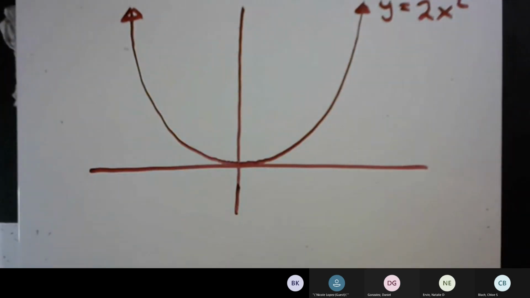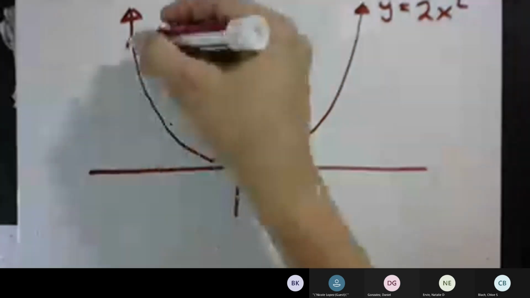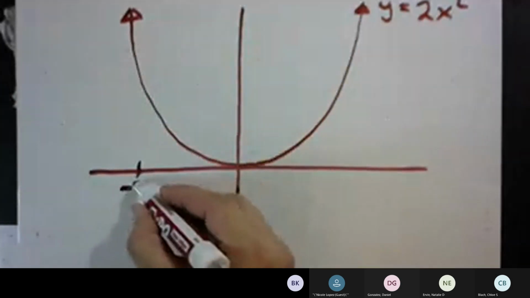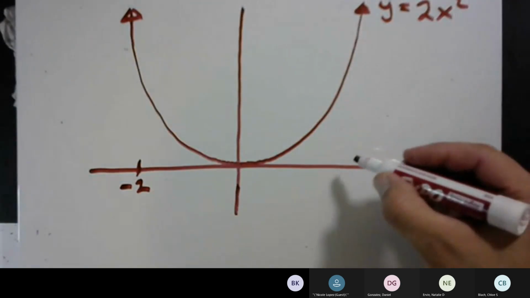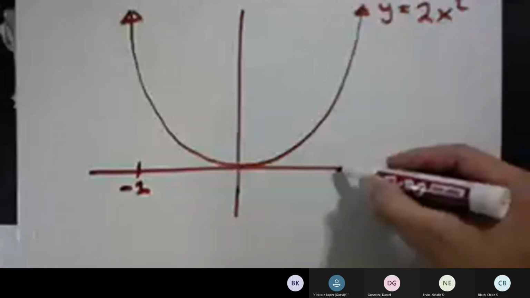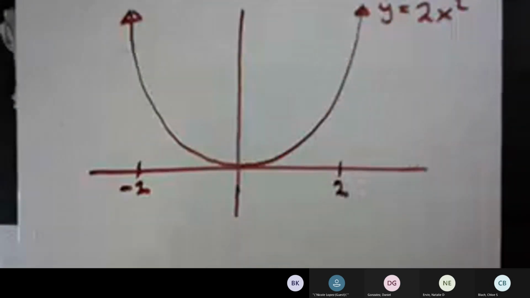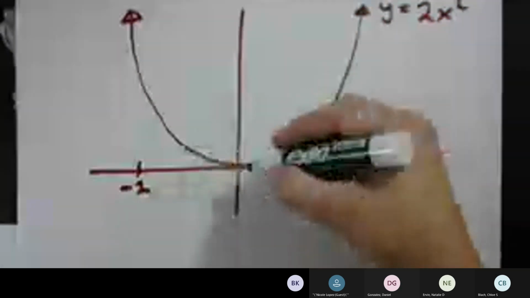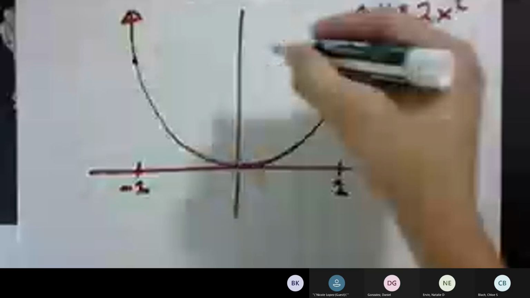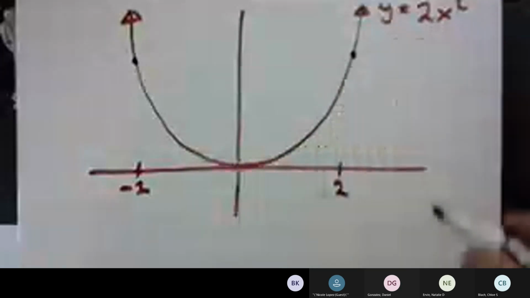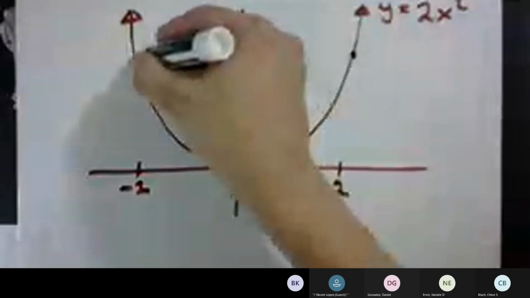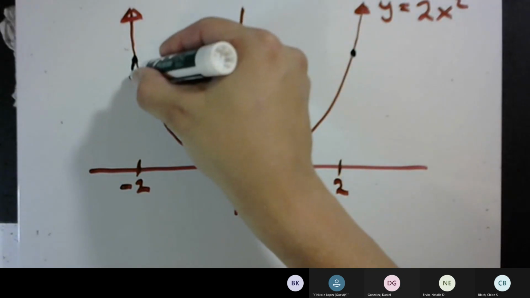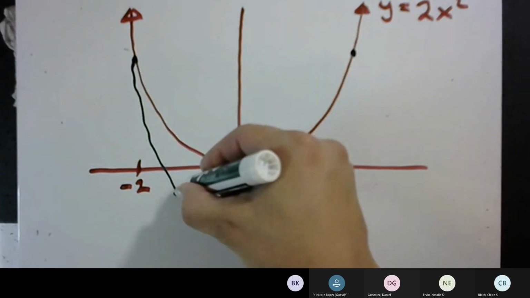Now, if we are to graph these, if we take a look at -2 and 2, when we graph these, we're going to find that this is where we get our points of intersection. And so what typically happens here is it does something roughly like this.